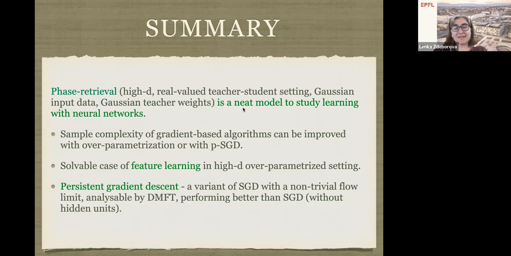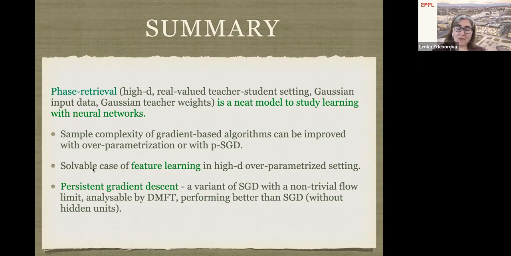And I argued it's a neat model to study learning with neural networks, because some of the things that we observe in much more complicated architectures and realistic data, such as over-parametrization actually helping and stochasticity helping, here we see clearly that it manifests in this setting. So we saw that the sample complexity of the gradient-based algorithm can be improved with over-parametrization or with the persistent stochastic gradient descent. This is a solvable case of feature learning in a high-dimensional over-parametrized setting. We don't have so many of those.